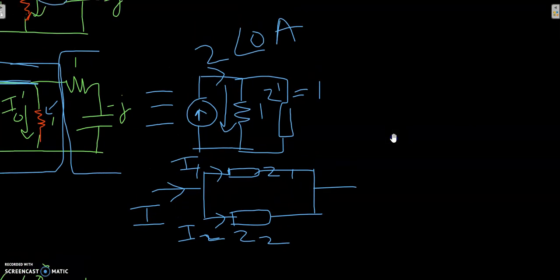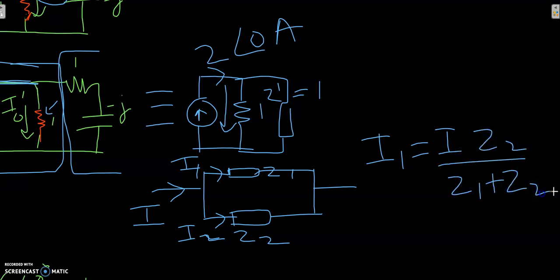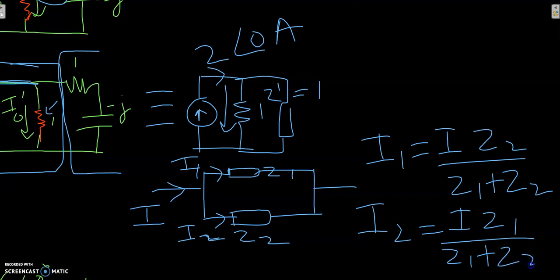That will be given by I1 equals I times Z2 divided by Z1 plus Z2, and I2 will be I times Z1 divided by Z1 plus Z2.